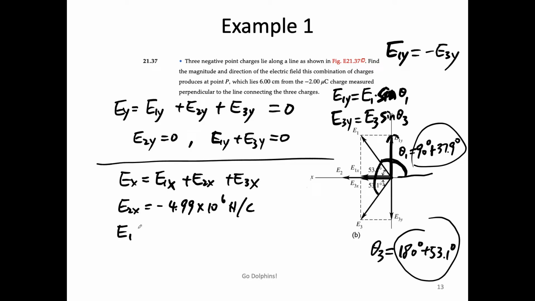E1x, this time you need to use cosine: E1 cosine theta 1. E3x is E3 cosine theta 3. Plug in those numbers.